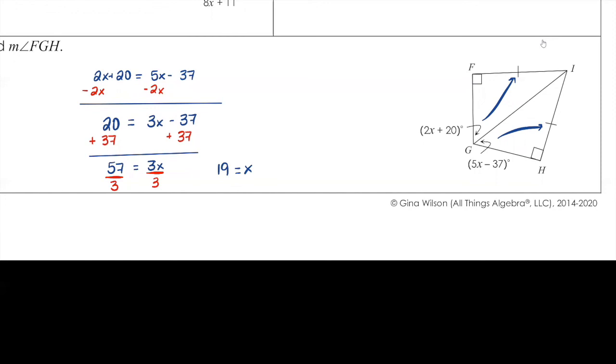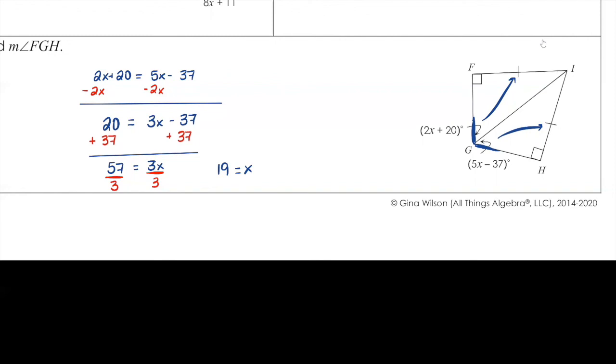It wants the value of angle FGH. How am I going to find that full value? I've got a couple ways I can get after it. I could plug it into both, or I could plug it into one and multiply by 2. It'll work either way.